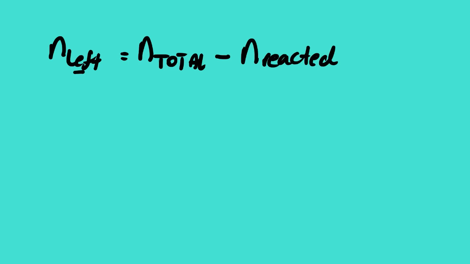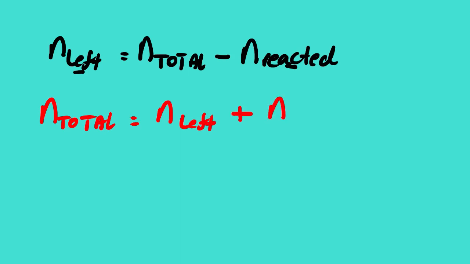So this is the unreacted, this is reacted. The unreacted is the one that is left, the one that is in excess. This equation originally comes from the total number of moles equals the number of moles left plus the number of moles reacted.